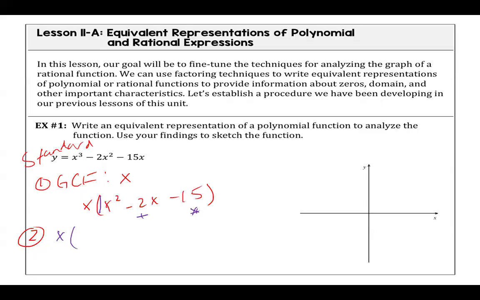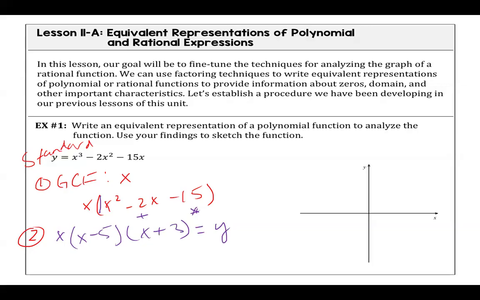Yes. Negative 5 times positive 3 is negative 15. So we have x minus 5 and we have x plus 3. So this would be our equivalent form of our y. Okay. You want the equivalent form because once you're in the equivalent form, then you can create sketches of important things.